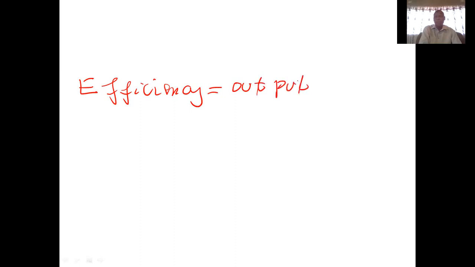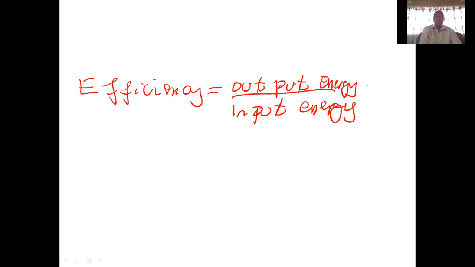The efficiency of conversion is calculated by looking at the output energy divided by the input energy, and you note, multiplied by 100 to take it to percentage.